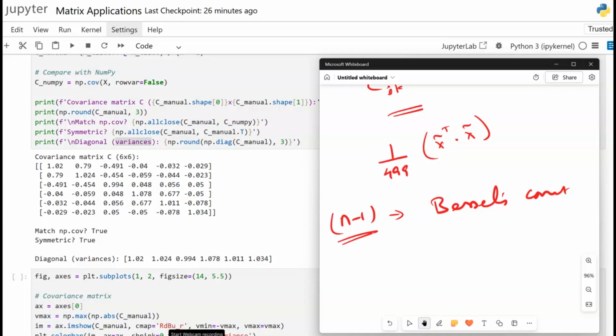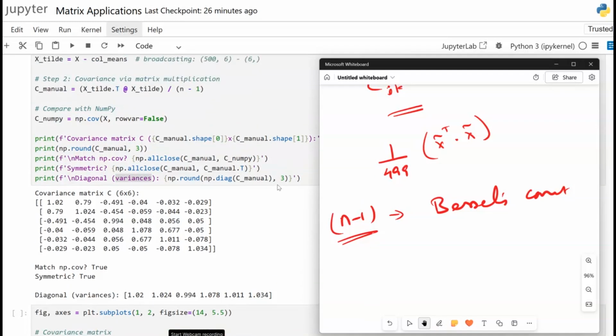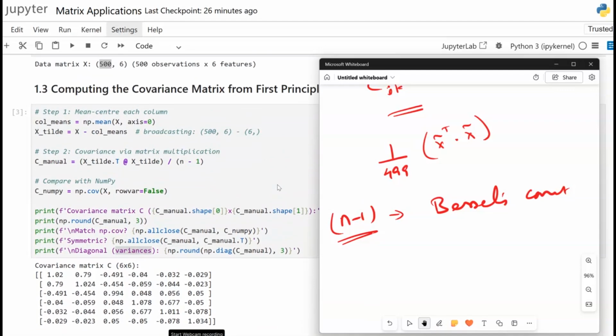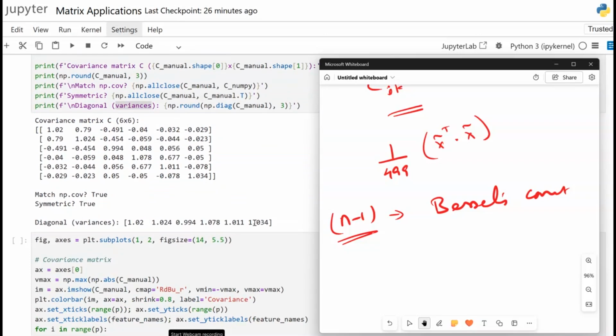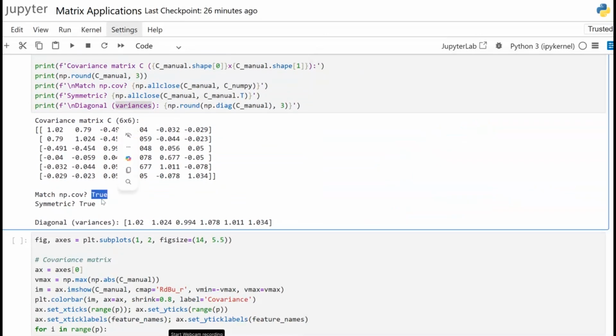Okay, and dear friends, by using this code we have seen how covariance arises from mean-centered inner products. We have just seen both are matching, both are symmetric, and this is the exact diagonal variance also. So this is the equivalence between the linear algebra formulation and the library implementation.